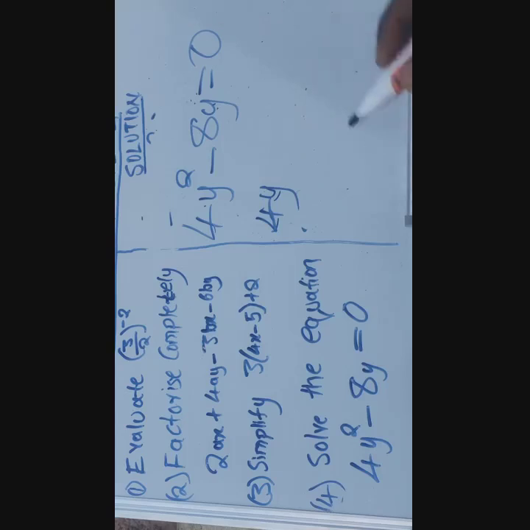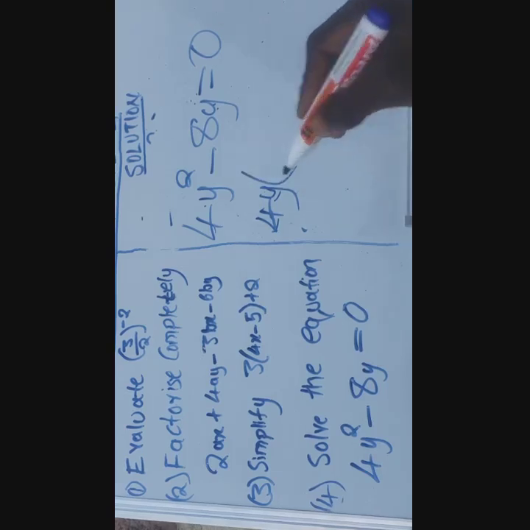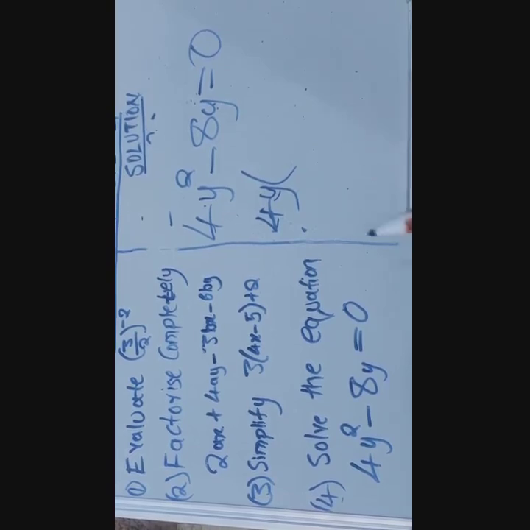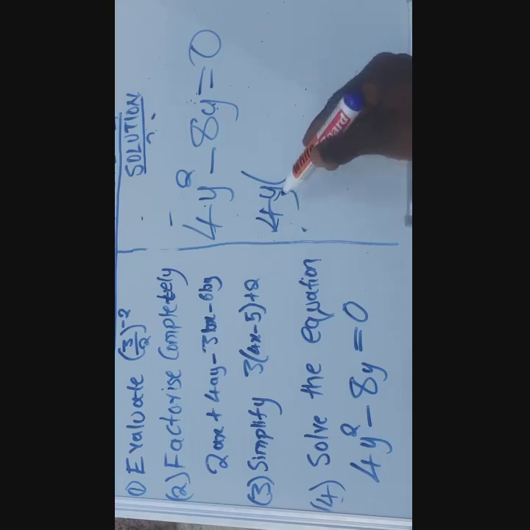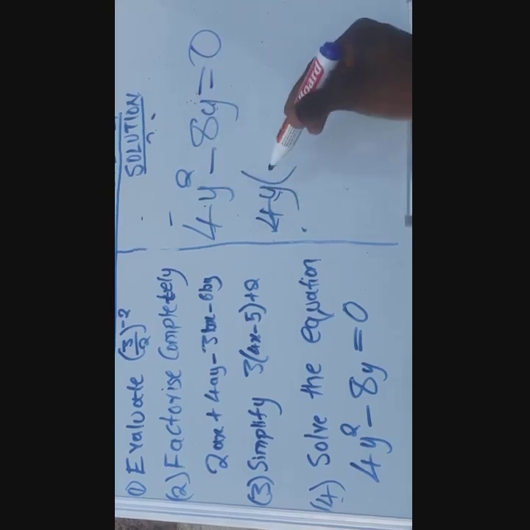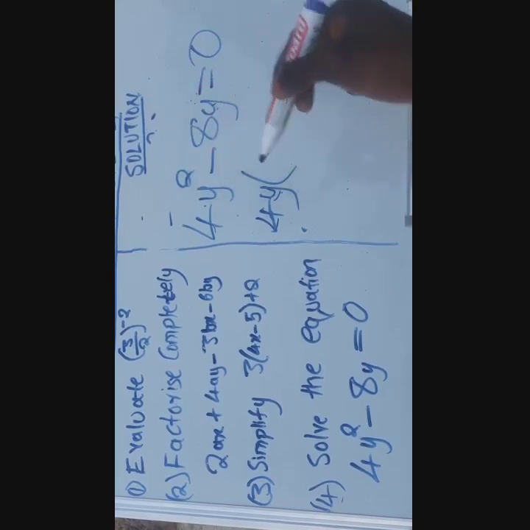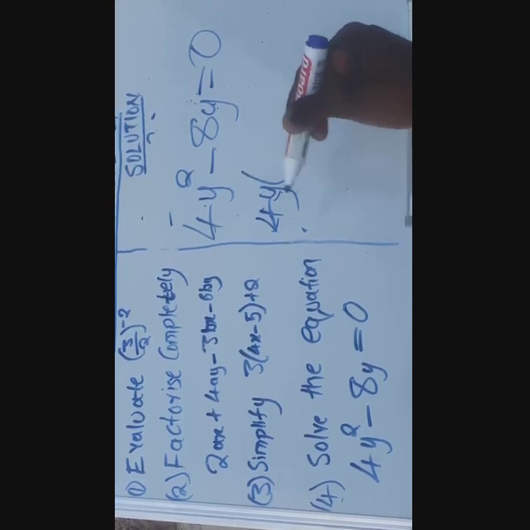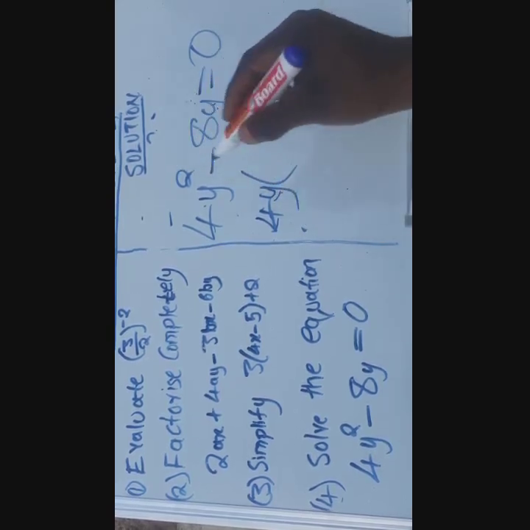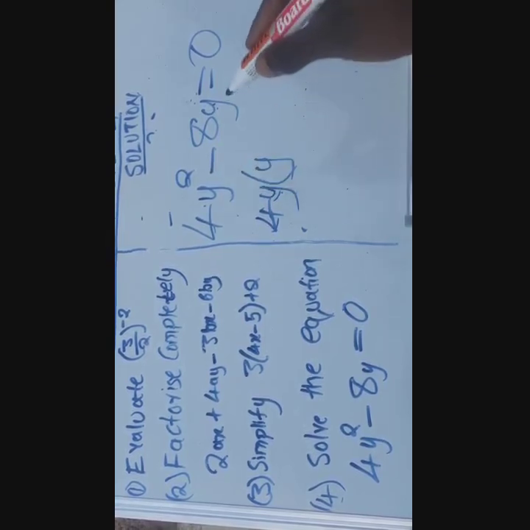Okay, then the second thing, now you have to open the brackets. Then you have to say 4y into 4y squared, meaning you're going to say 4 into 4, it is 1. Then here we have 2 y's, and here we only have 1 y, meaning this y is going to cancel with one of the 2 y's, and we are going to remain with only 1 y.